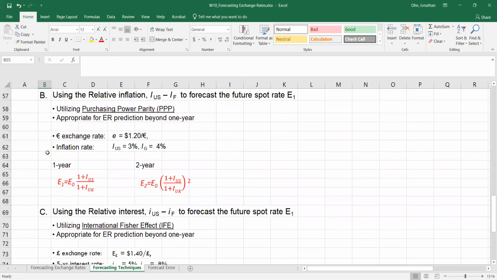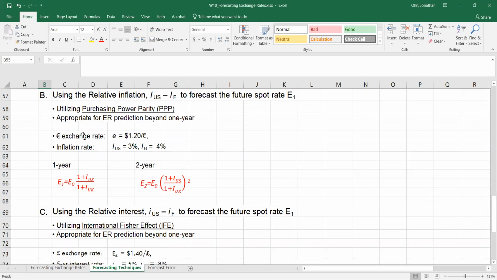Second, we can use purchasing power parity, where we use the relative inflation in forecasting. Typically purchasing power parity is good for a long-term horizon, beyond 1 year.